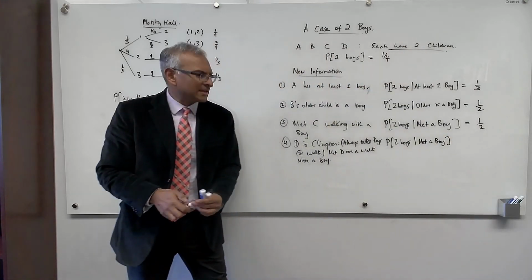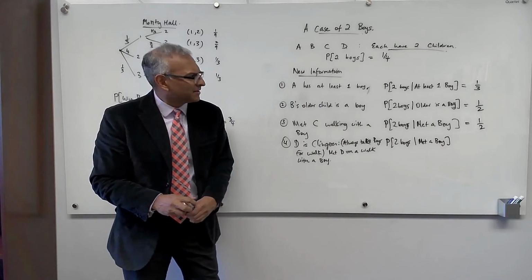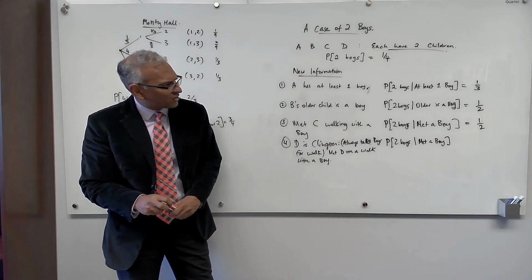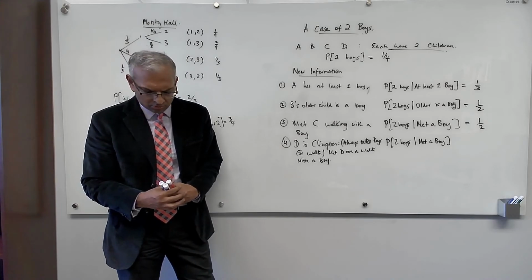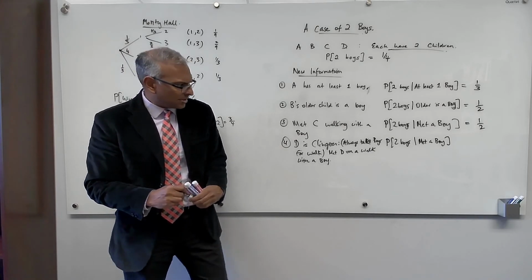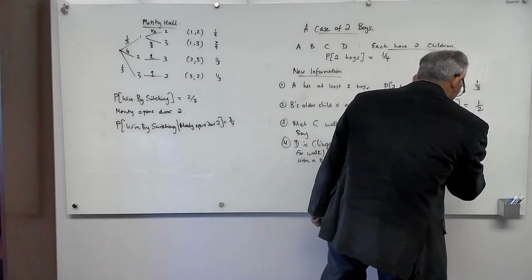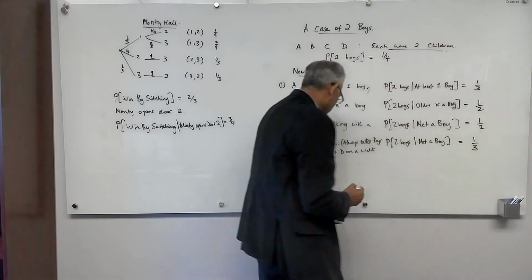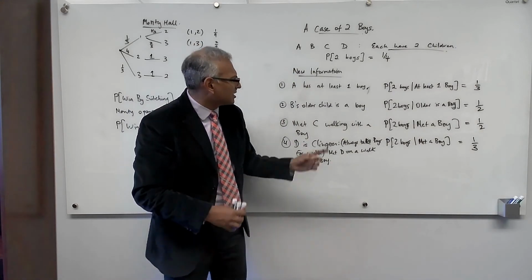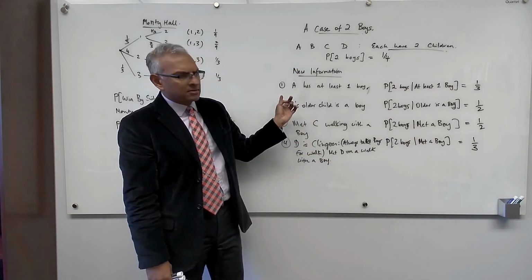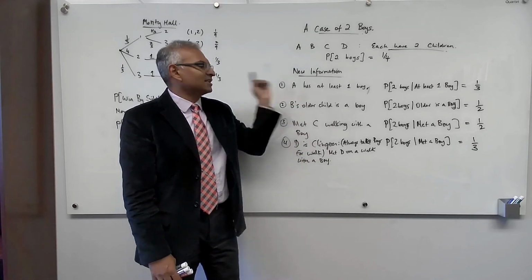Ironically, the chance of two boys given that you met a boy on a walk is exactly equal to 1/3. So this scenario where D always takes boys for a walk is exactly the same as the scenario where I tell you that D has at least one boy.